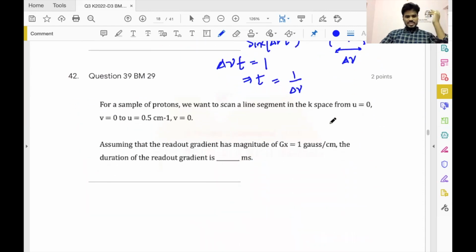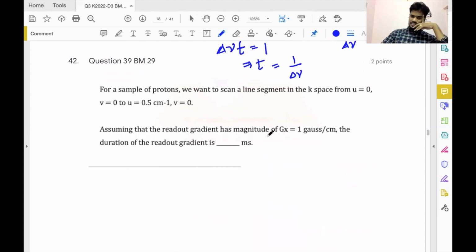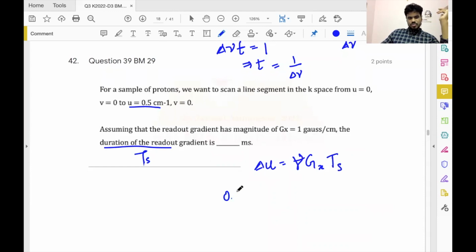Okay, now the K-space sampling. We want to scan a line segment in the K-space. U max is given, U is 0. So roughly delta U is gamma bar Gx times the duration of readout, and this is Ts. So we just need Ts, right? Delta U is 0.5 centimeter inverse.